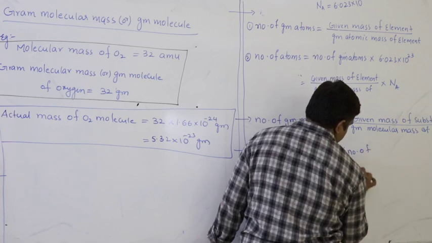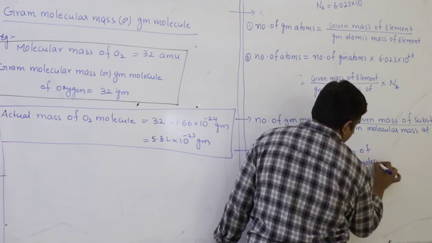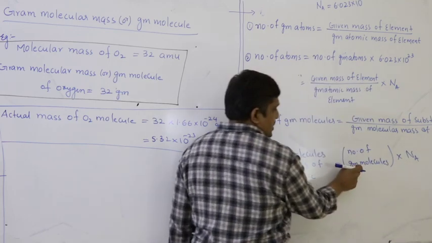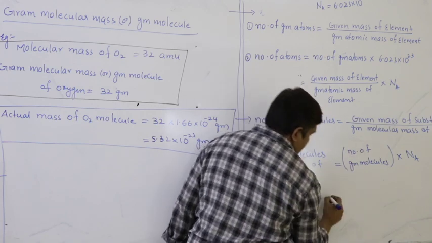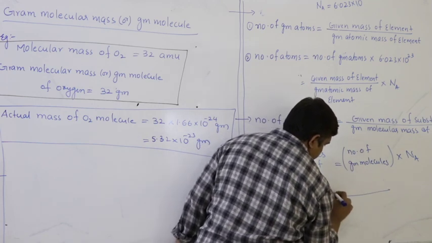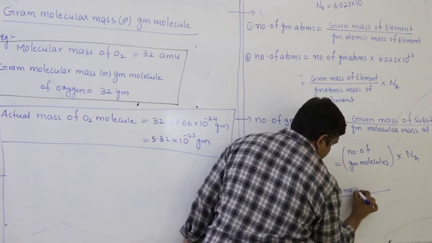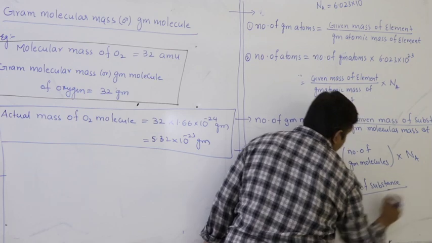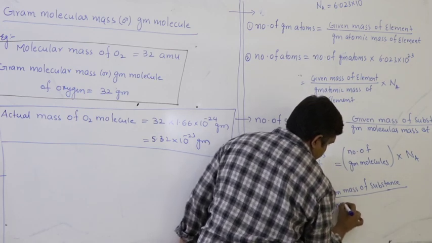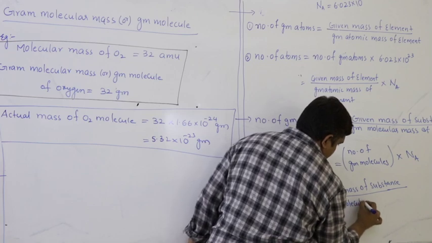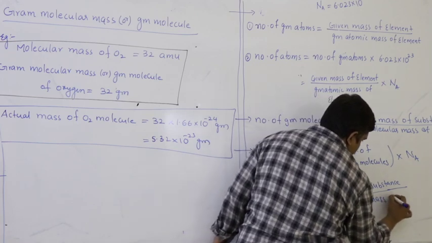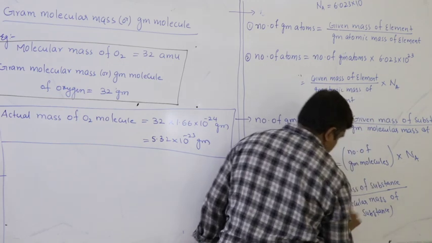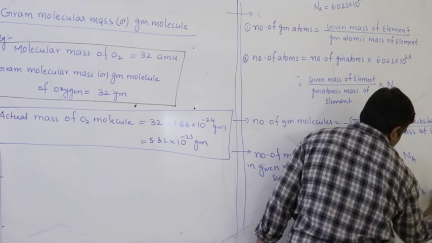Instead of this, if mass is given, you have to write this equation: given mass of substance by gram molecular mass of substance, into Avogadro number.